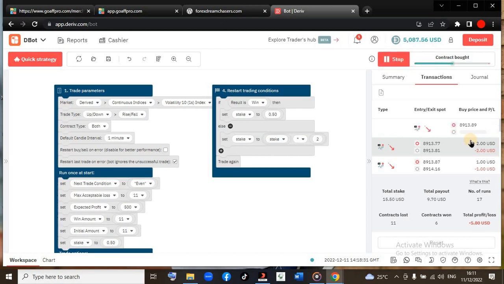Let's go up to 4. Yes, now everything is accurate. Let's go to 8, and the last loss we go to 16. Yes, this is what I was talking about. Let's go to 16, and then now we're still going up.